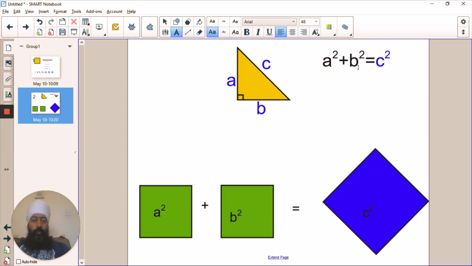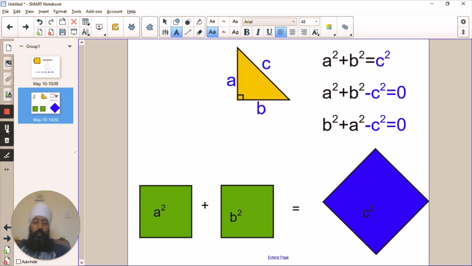So in this formula, if I take the c squared over to the left-hand side of the equals, it becomes minus c squared, which gives me a squared plus b squared take away c squared is equal to 0, because there is nothing left on the right-hand side now.